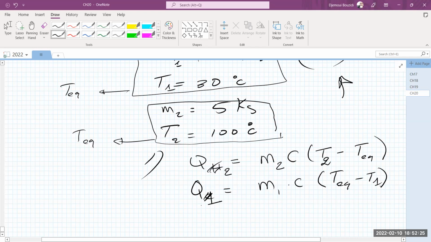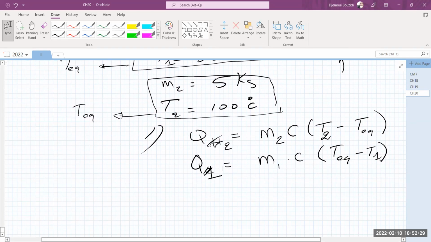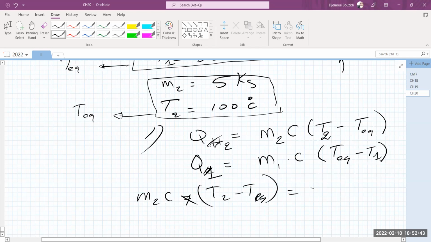This is calorimetry now. Remember that calculation I mentioned earlier for the calorimetry? So now we want to find T equilibrium that makes this equation possible. This equation possible means that M2C times (T2 minus T equilibrium) must be equal to M1C times (T equilibrium minus T1).